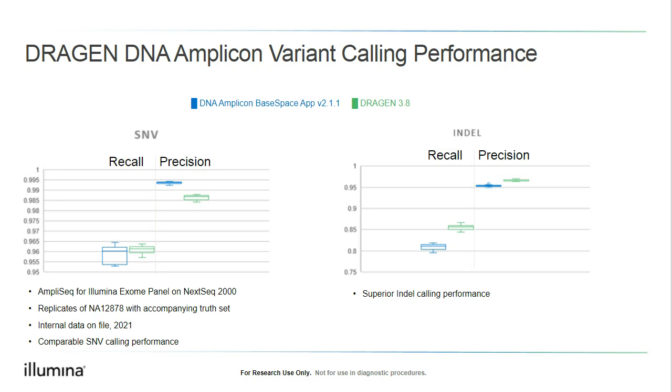It's almost 99% and higher. So this is very close. However, the indel accuracy is far superior with DRAGEN compared to the existing DNA Amplicon BaseSpace app. Of course, what you will also get with DRAGEN compared to the Amplicon BaseSpace app is the speed that comes with its mapping and the variant calling.